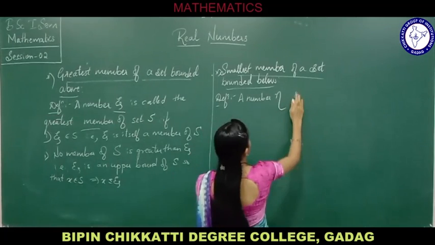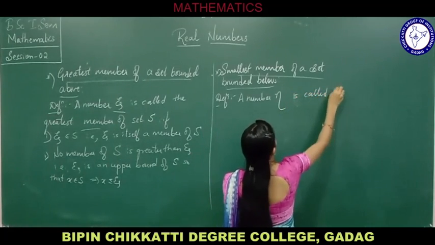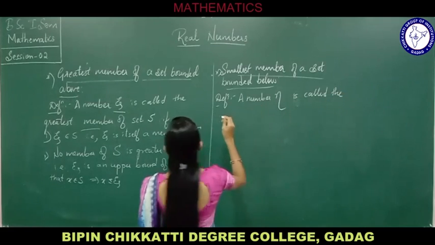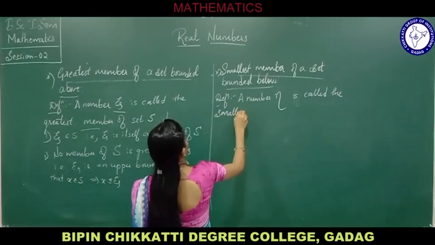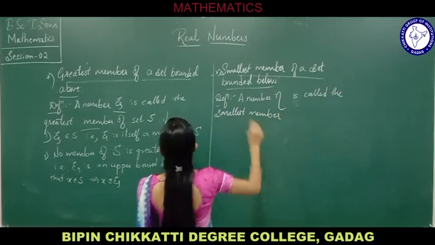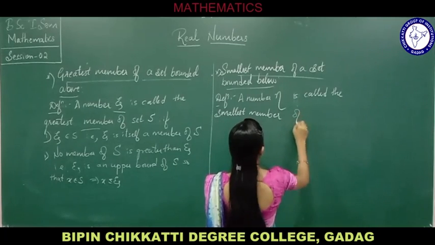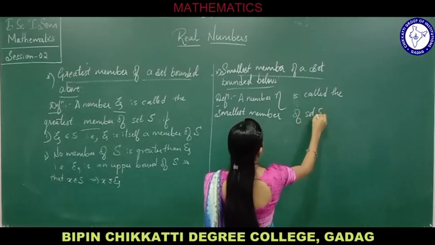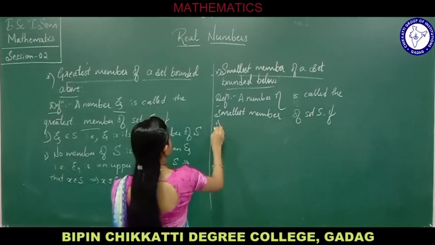A number eta is called the smallest member of set S if, what should be the first condition?